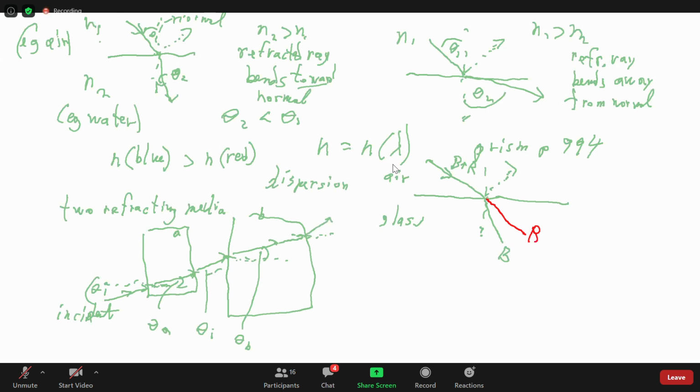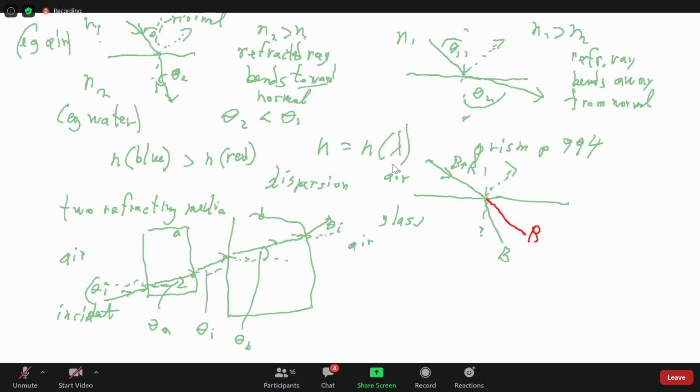It's going to emerge at the original incident angle, theta I. So it comes out with the original incident angle out of medium A. It enters with that incident angle in medium B, gets refracted to angle theta B, and emerges at the final interface between B and, let's say, air or vacuum, with the initial angle of incidence. Same thing out here.